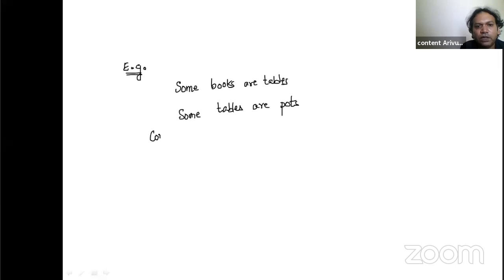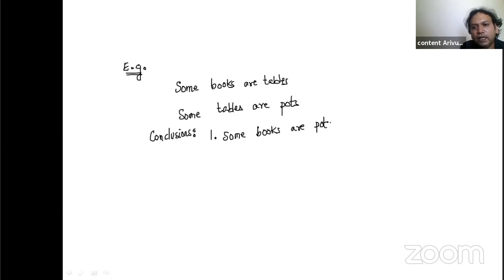So let me write down the two conclusions. The first conclusion I'm taking up here is some books are pots.